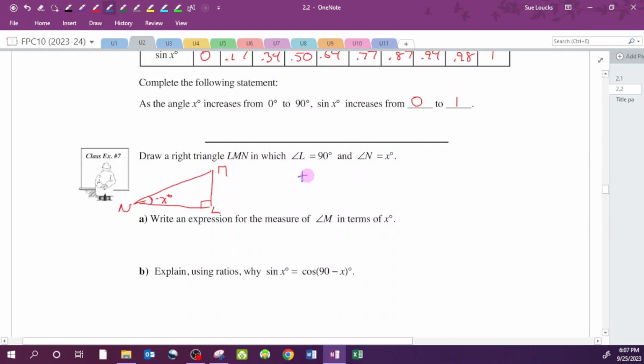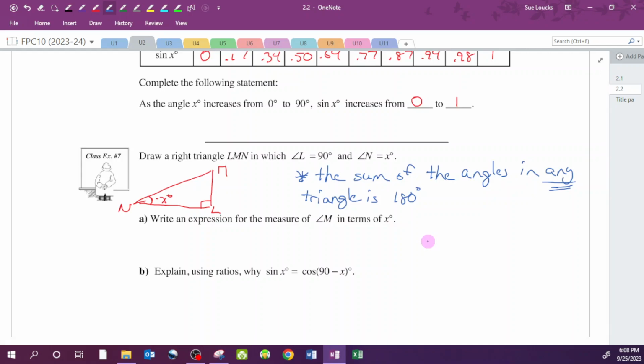Now, you need to remember that the sum of the angles in any triangle is 180 degrees. That is always true. All right, so let's do an expression for angle M in terms of X degrees.